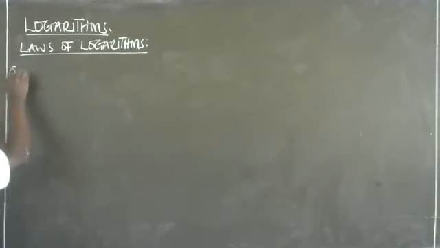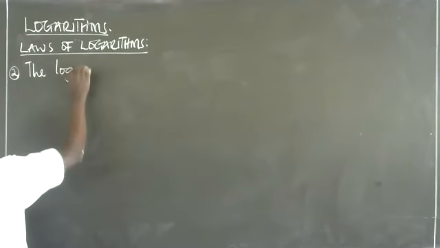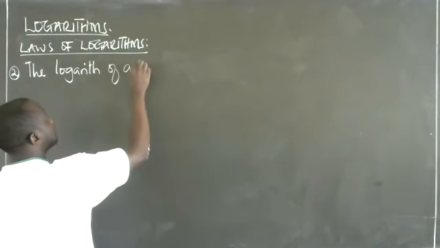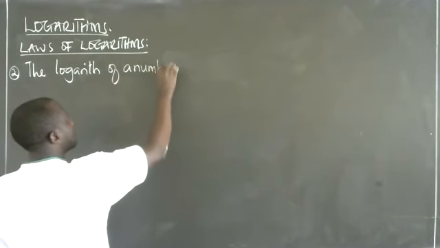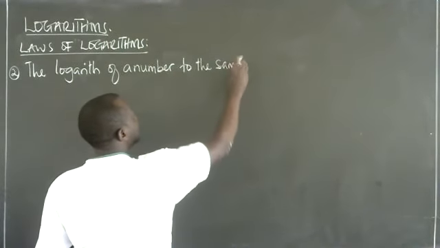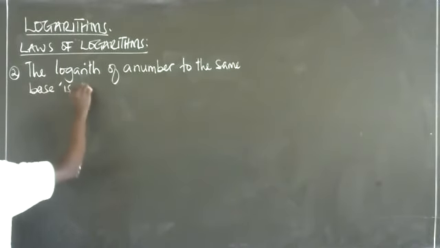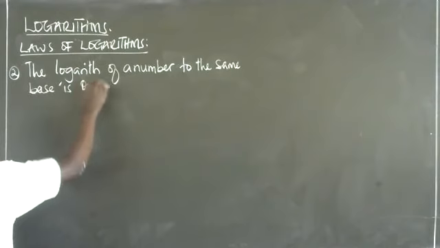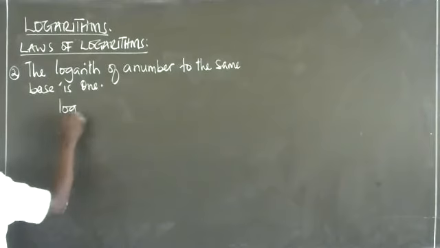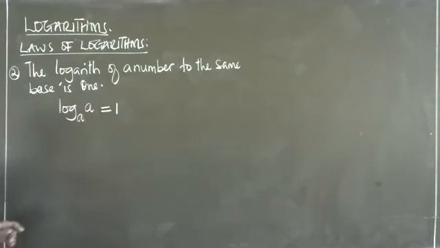Number 2 says the logarithm of a number to the same base is 1. What do we mean? If I want the logarithm of a, when the base itself is a, then the answer will be 1.